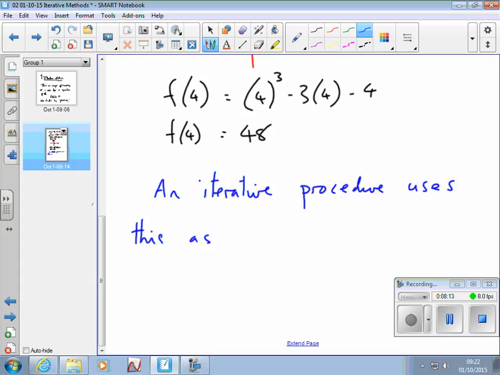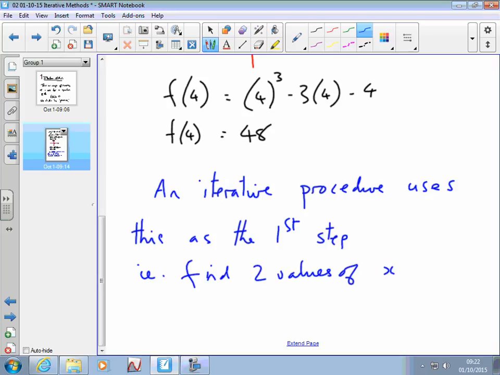An iterative procedure uses this as the first step. I.e., find two values of x such that the function is positive and negative. And then we know that the root is somewhere between those two values.